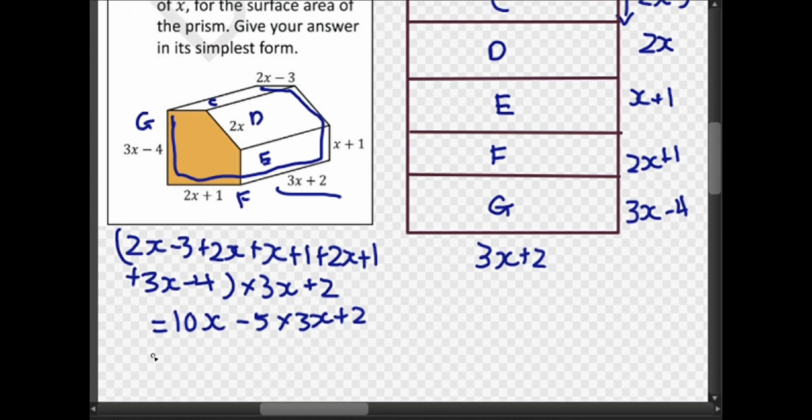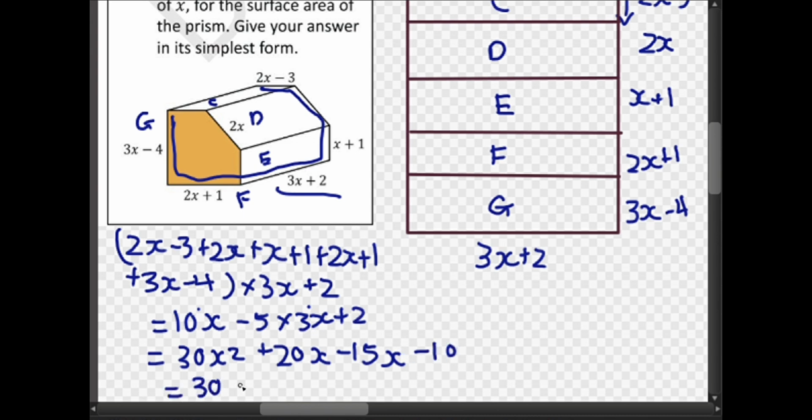So it will equal 30x squared, which is 10x times 3x, and then 10x times positive 2 equals positive 20x, and then negative 5 times 3x is negative 15x, and lastly negative 5 times positive 2 will be negative 10.